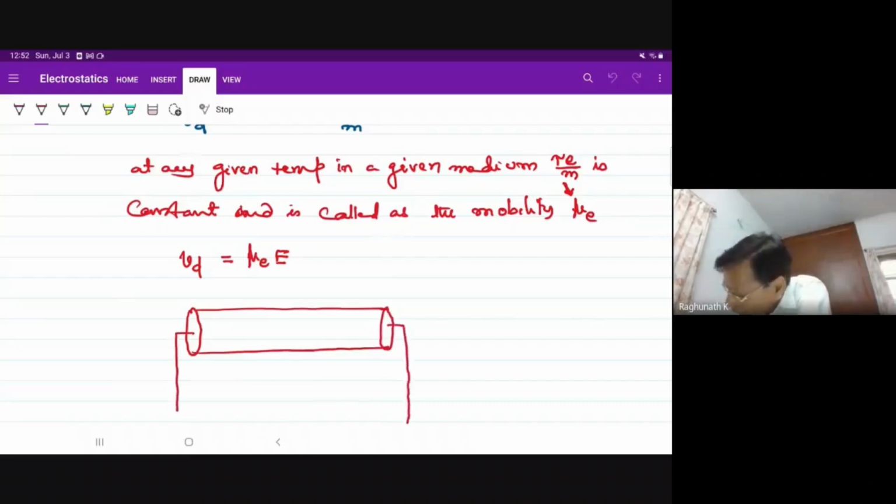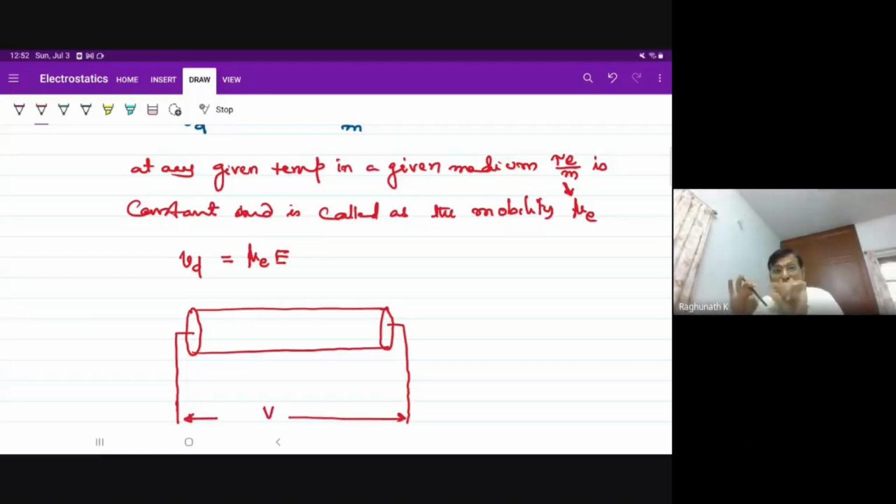If V is the potential difference applied between the ends of the conductor, because it is of uniform cross section, the electric field intensity E at any point inside is V by L. Voltage applied divided by the length of the conductor will give me the electric field intensity at any point inside the conductor.